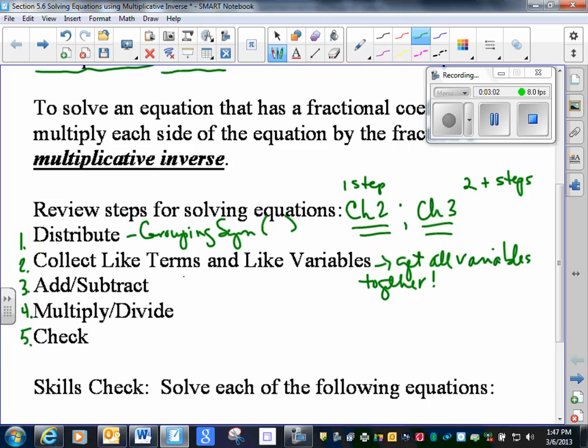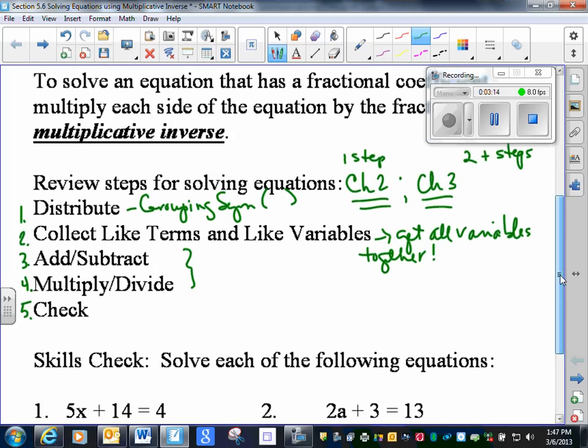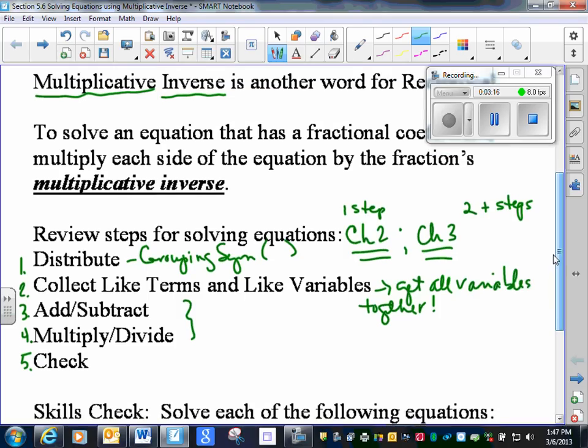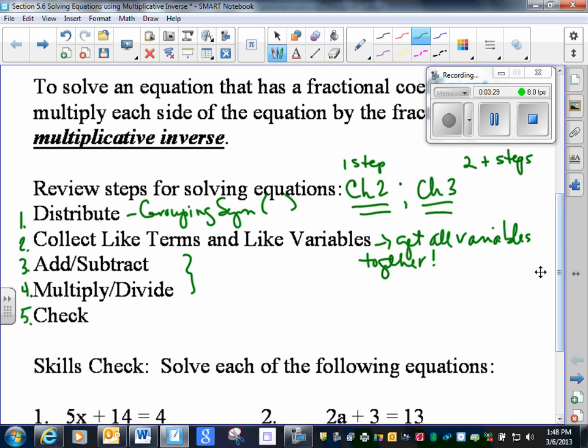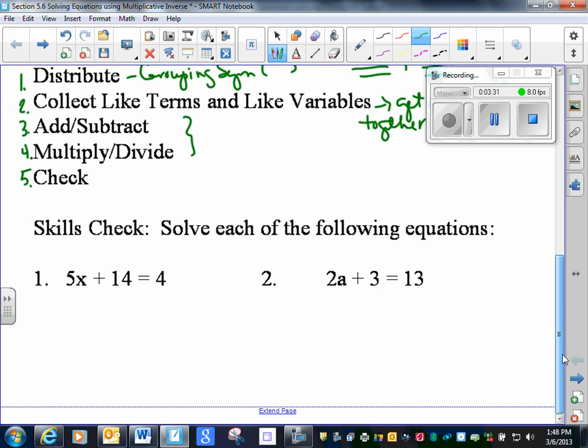And remember, this is a different order than PEMDAS. This is actually the opposite of PEMDAS. So I printed these up on the notes so you would have these in front of you as you're solving equations. So we are going to use the multiplicative inverse or the reciprocal idea to clear out a coefficient of a variable as our very last step in solving an equation.